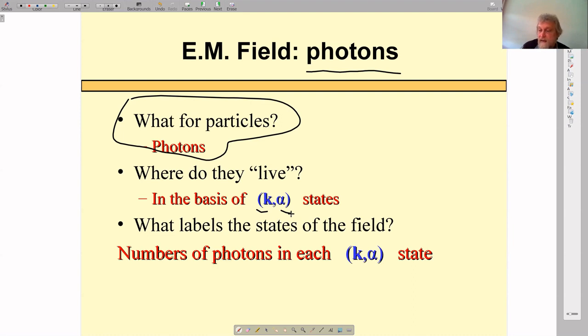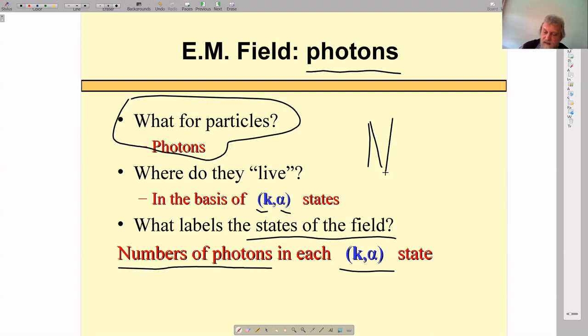And the whole state of the electromagnetic field, one of its basis vectors, is a basis vector with certain numbers of photons in each state of this kind. So we have an occupation number, which depends on quantized vector k and two polarizations. The set of these numbers characterizes a quantum state of the field.